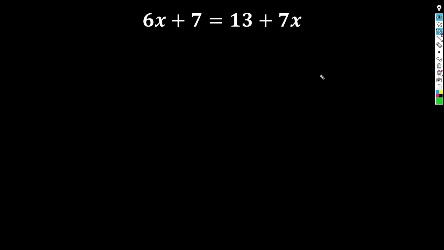Okay? Now, I guess when you're solving an equation that contains variable terms on both sides of the equation, siguro isang choice na kailangan mo munang gawin at the beginning is maybe decide na where would I like my variable to end up, on the left side or on the right side.